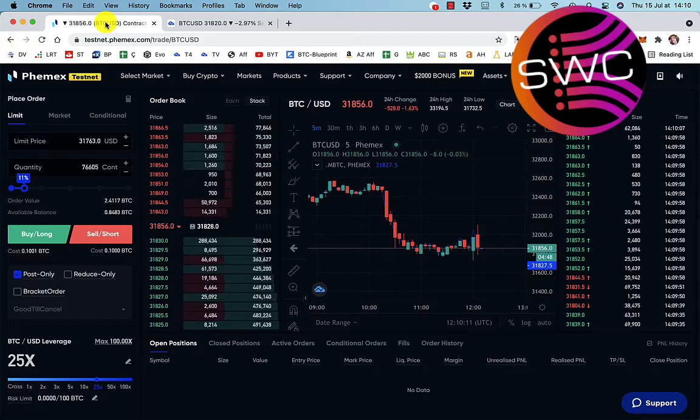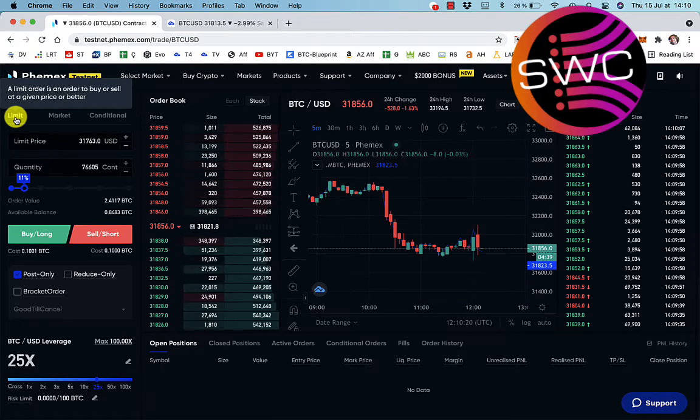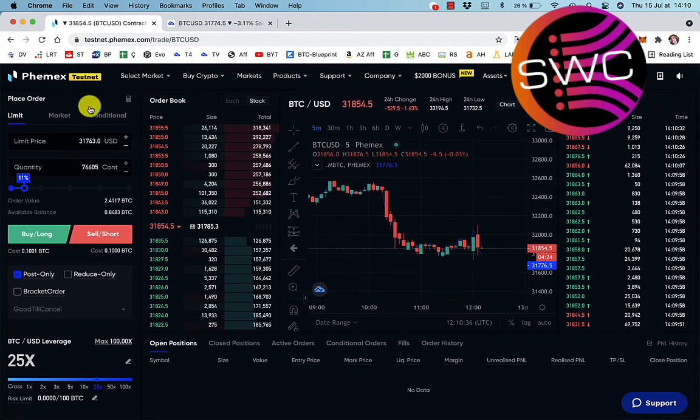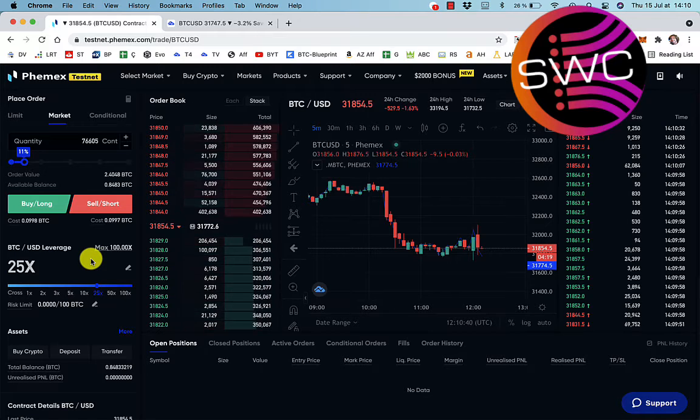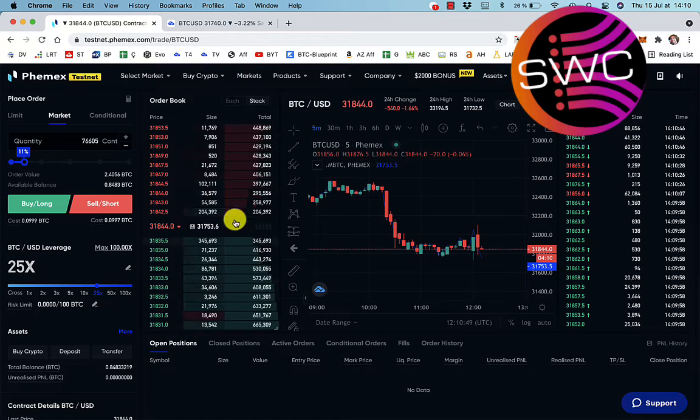So I'll come over to Phemex, and what I want to do is a limit order. That means when the price gets to that price, it will buy however many contracts of Bitcoin at that price. If you wanted to do a very quick buy, you would click market and just buy at the current value, which is okay if you're in a hurry, but you do pay more fees because you basically buy from the entire order book.